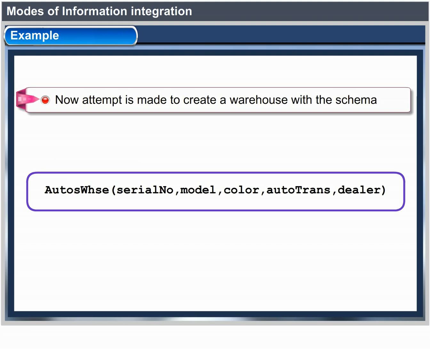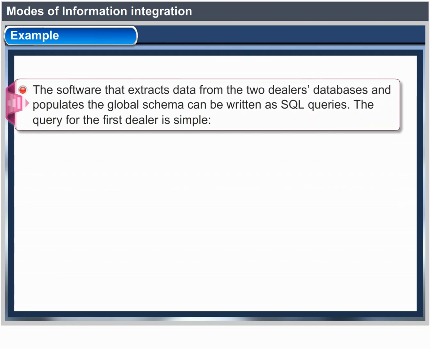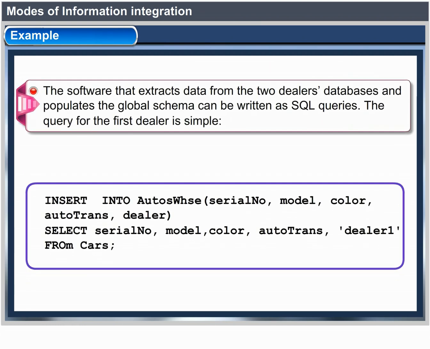That is, the global schema is like that of the first dealer, but we record only the option of having an automatic transmission, and we include an attribute that tells which dealer has the car. The software that extracts data from the two dealers' databases and populates the global schema can be written as SQL queries. The query for the first dealer is simple.